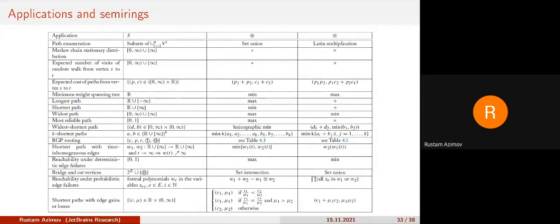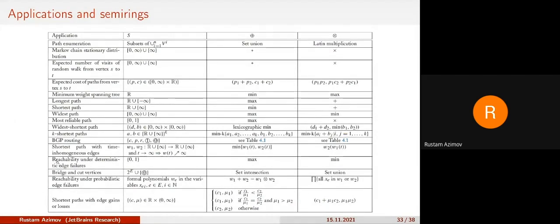But we can use the same solution procedures, just changing the carrier set and the operations to max and plus, and we can already solve a different problem.